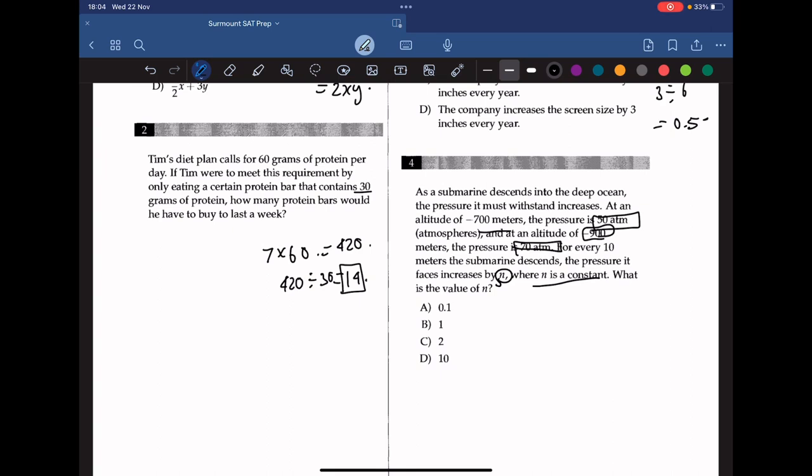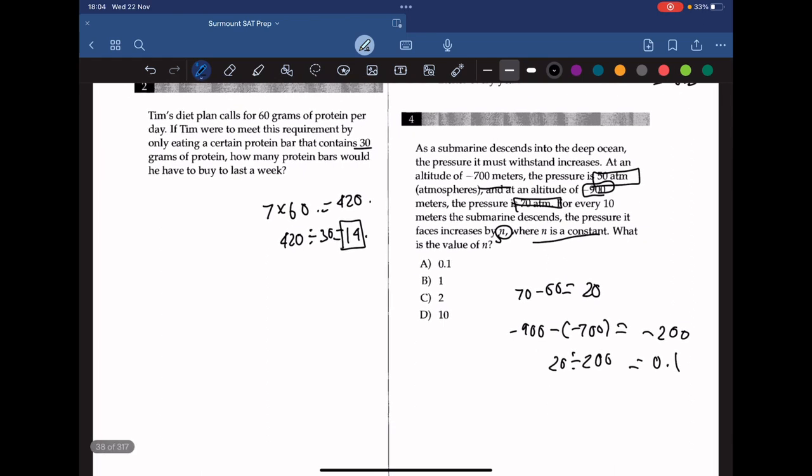The pressure increases by 70 minus 50, which will give us 20 atm, while the submarine descends from negative 700 to negative 900. We can subtract, which will give us negative 200 meters. So that's 20 divided by 200, which will give us 0.1 atm per meter, or 1 atm per 10 meters. And since we're finding it for 10 meters, the answer should be B.